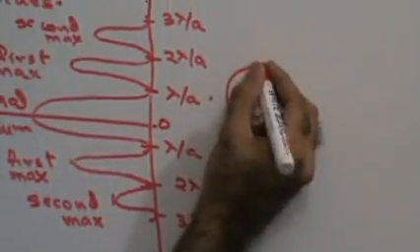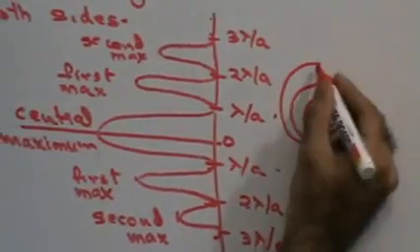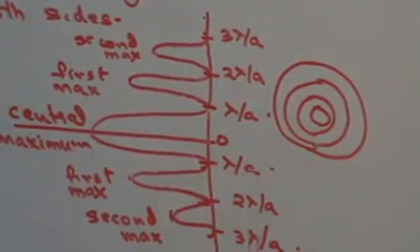So that means if I were to see a top view of this, first I'll show you a top view of this. You would have a central bright band, then there would be a narrow dark band around it, then there would be a bright band around it with less intensity, then there would be a dark band around it, and then again a bright band.